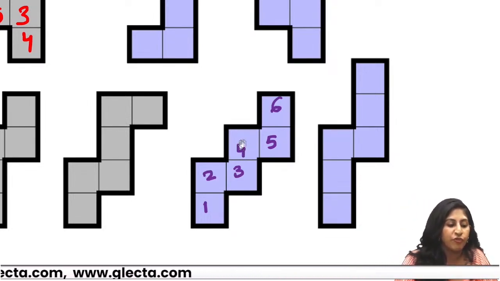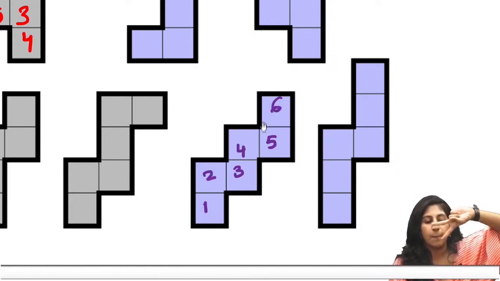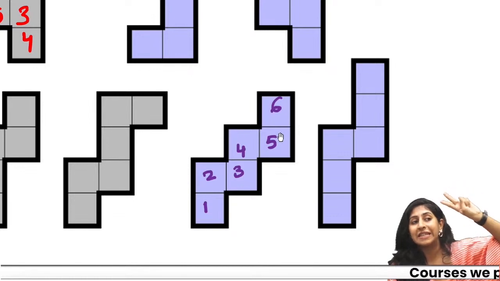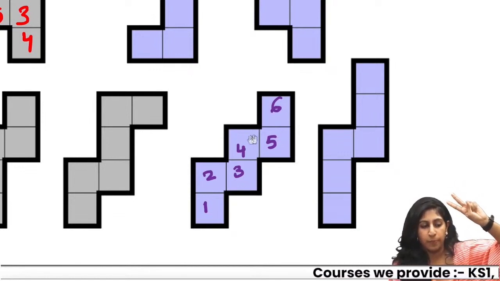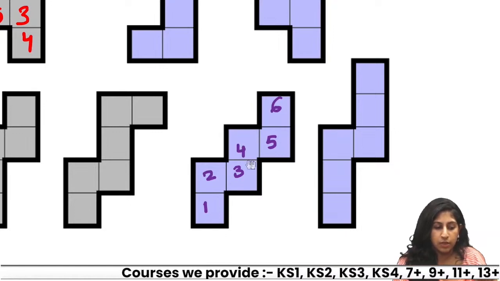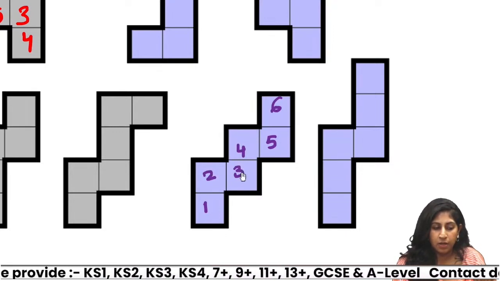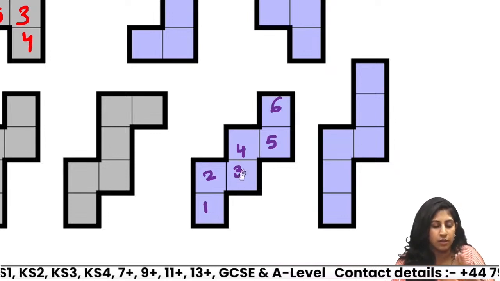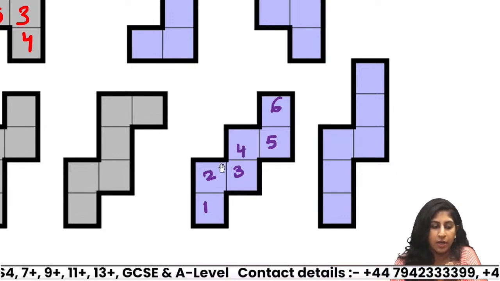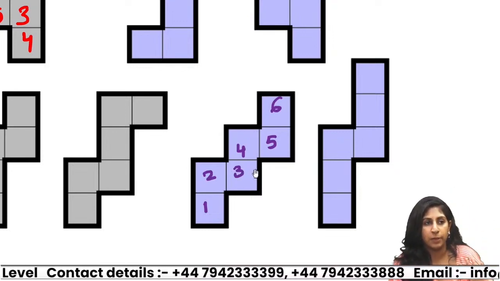Now the square of 4, its top right vertex touches the boxes of 6 and 5. That means 6 and 5 cannot be the opposite of 4. Then the left bottom over here touches 2 as well as the box of 3. So 2 and 3 cannot be the opposite.